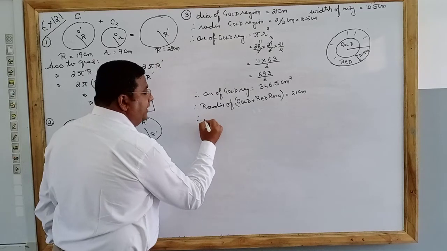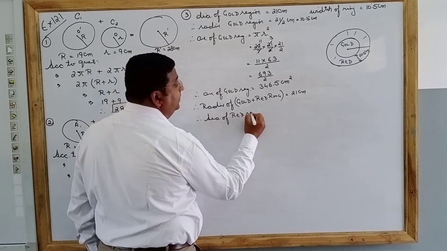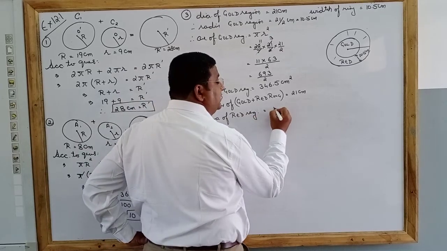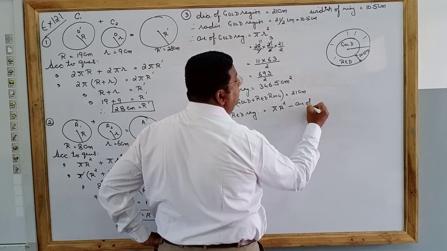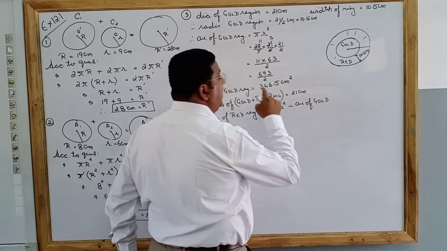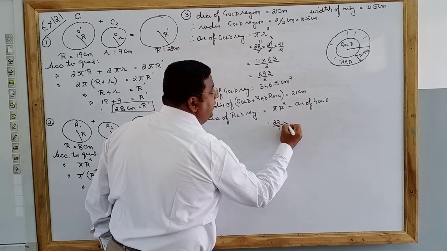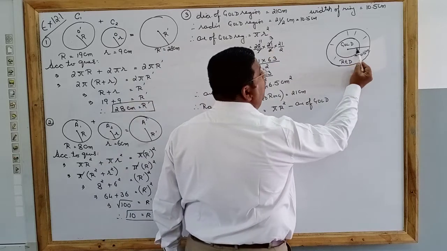So therefore area of red region will be equals to area of bigger circle, pi capital R square, minus area of gold, which we have already calculated. So pi R square, pi 22 by 7 into R square. Now instead of 21 by 2 it will be what? 21.